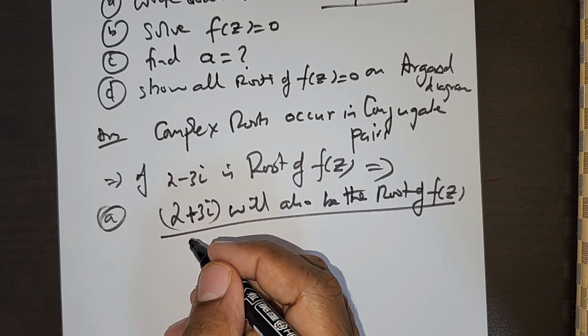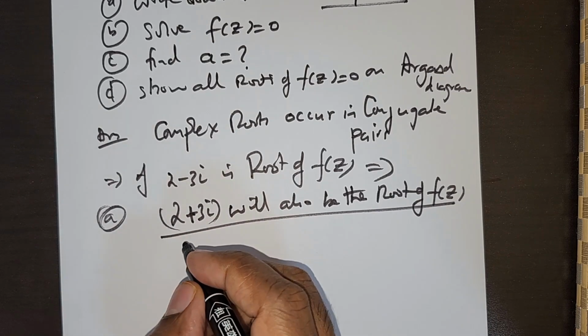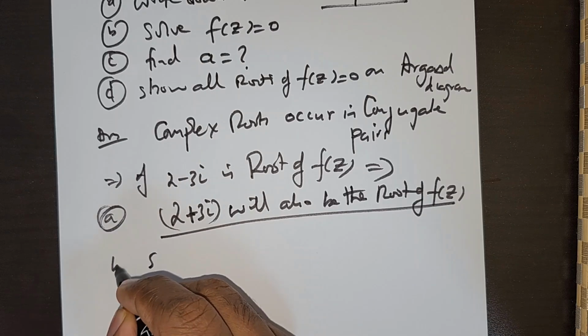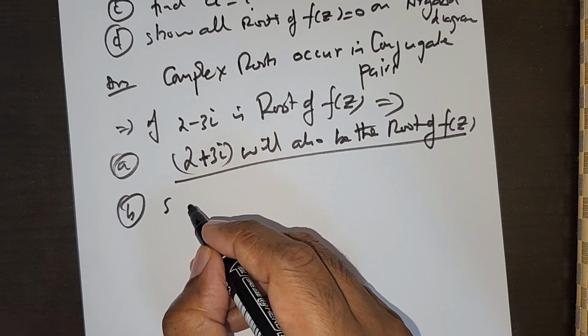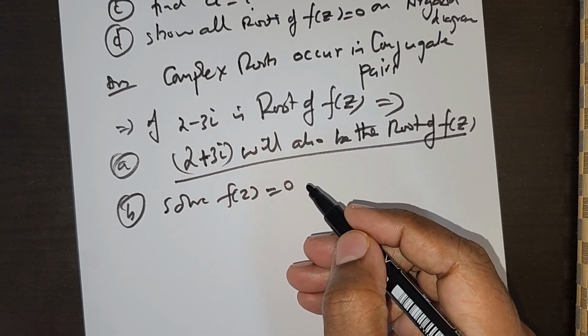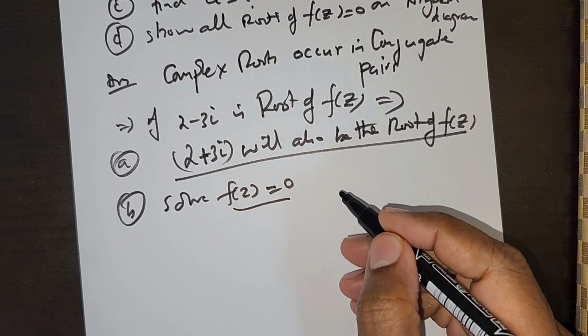Now we are expected to solve, right? So let me go to B. In B, what are we asked? We are asked to solve f of z equals 0, so we need to get the other root.